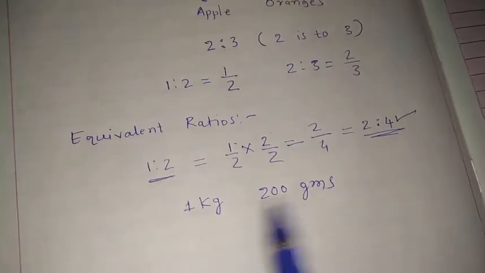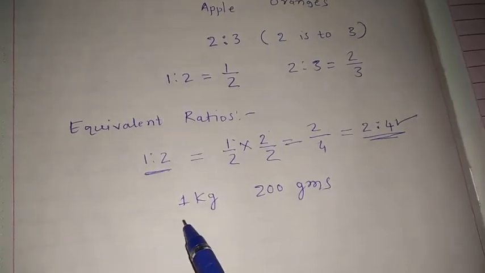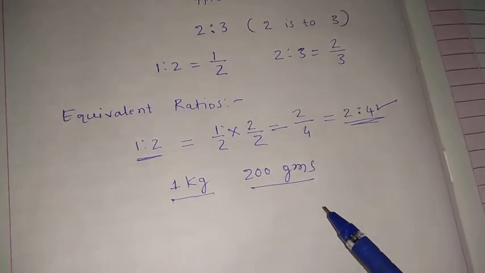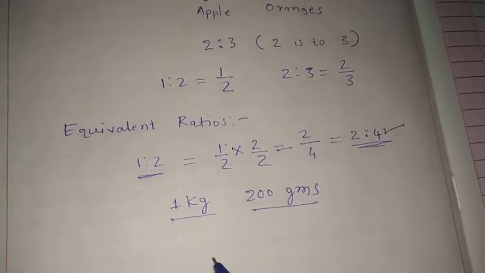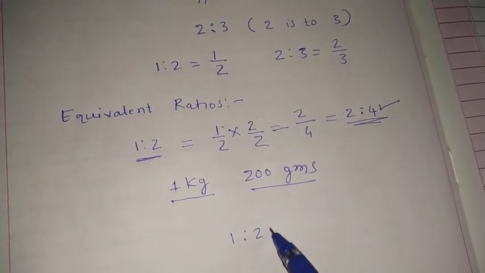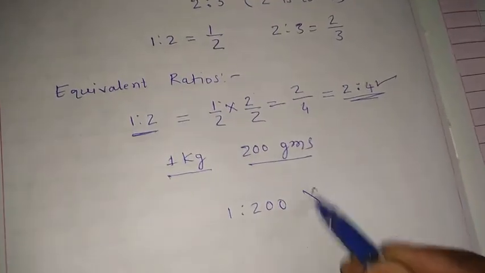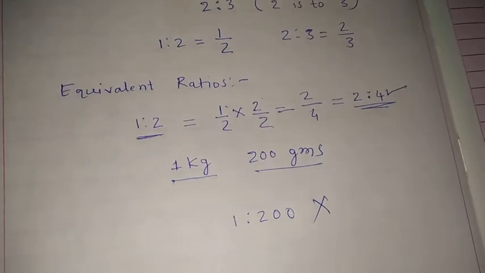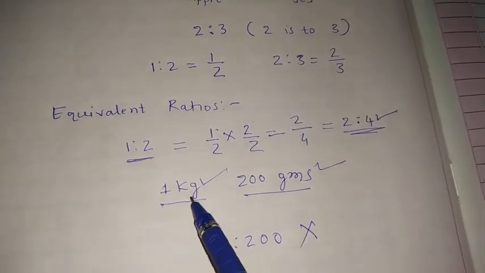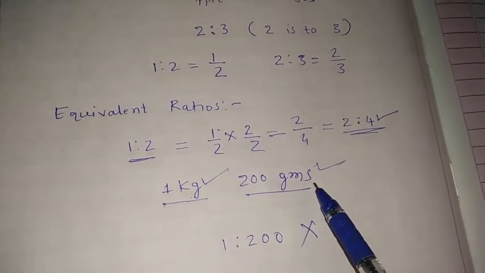So here I took two quantities. One is 1 kg and another one is 200 grams here. See students, writing both these in the form of a ratio like this is wrong. Why is it wrong? Because here the units are not the same. Here it is kg and here it is gram.